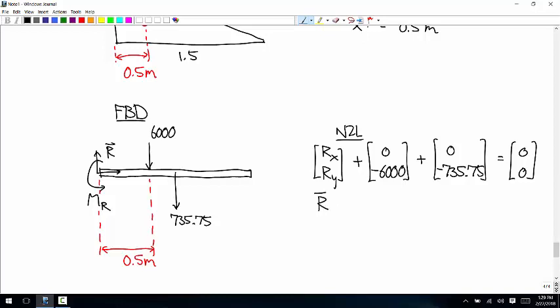And so R is equal to 0 for X, positive 6,735.75 for Y. How does that compare to the force that the wall was asked to apply in the last one? The force is the same. The thing that's going to be different is the couple.